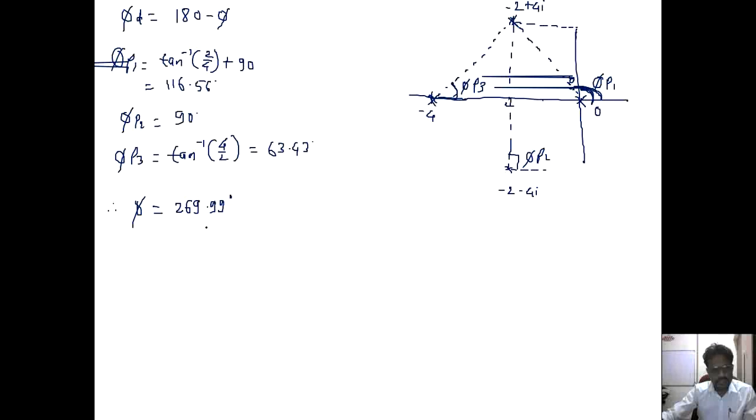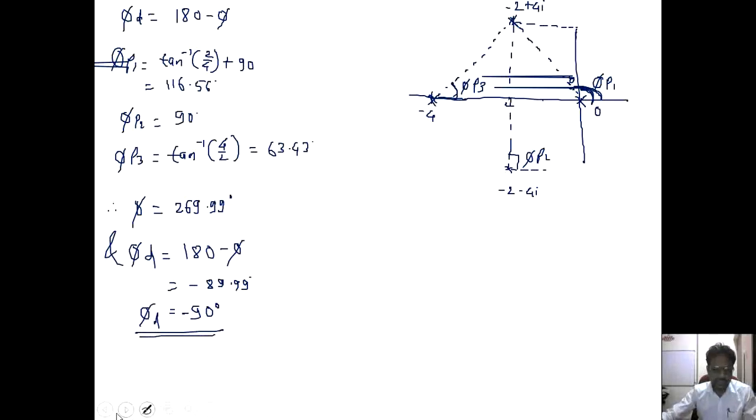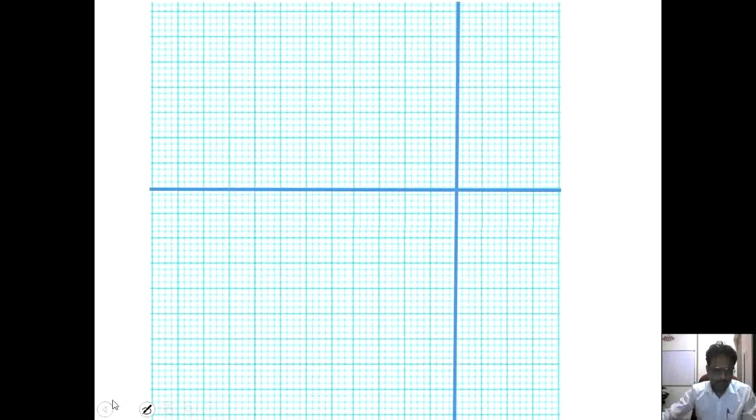Phi d is 180 minus phi, so 180 minus 269.99, we get minus 89.99 degree, which is exactly 90 degree but minus, so phi d is minus 90 degree.